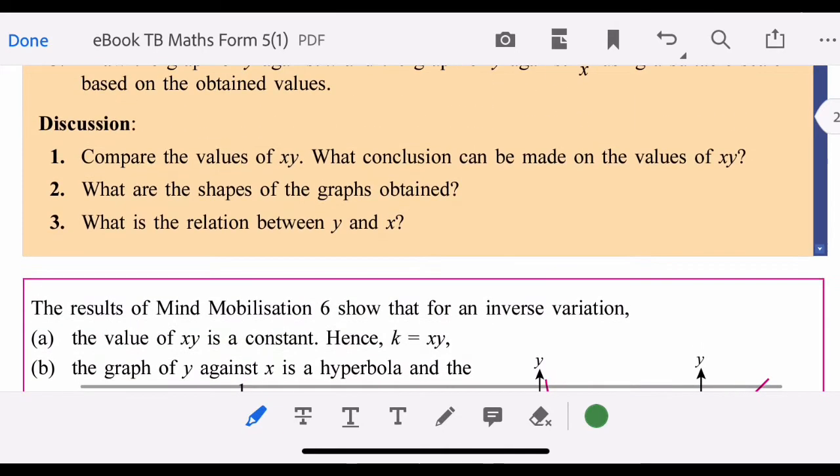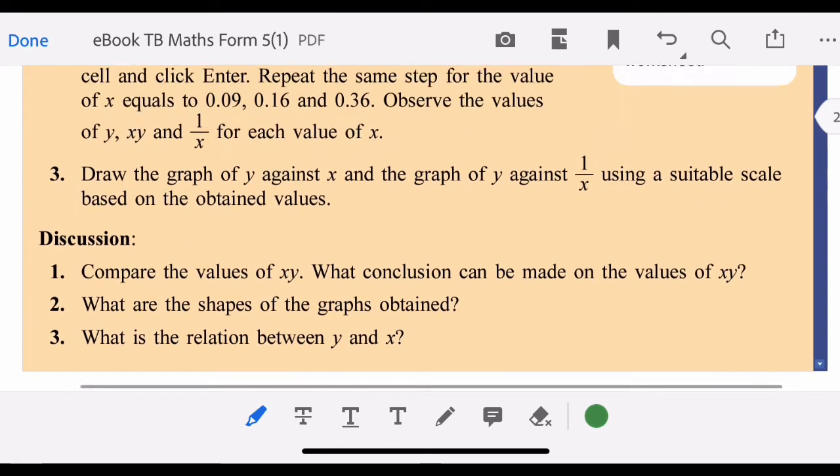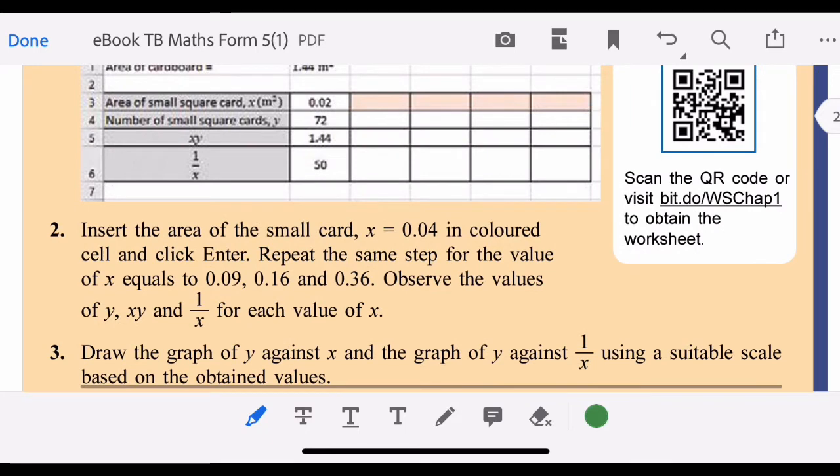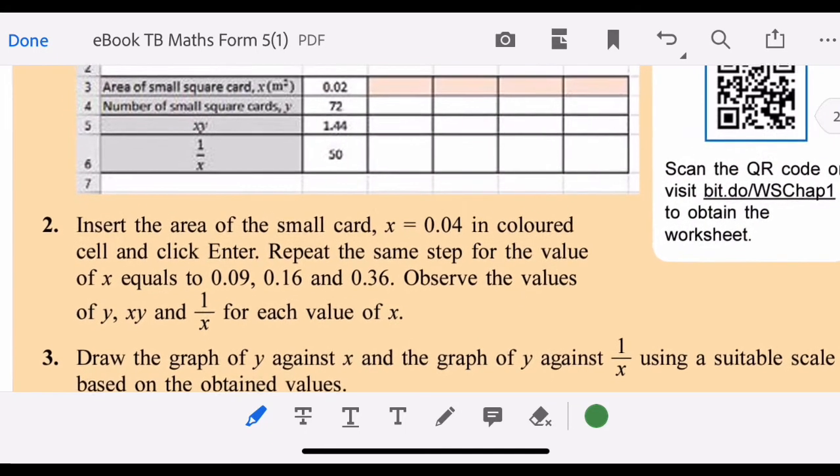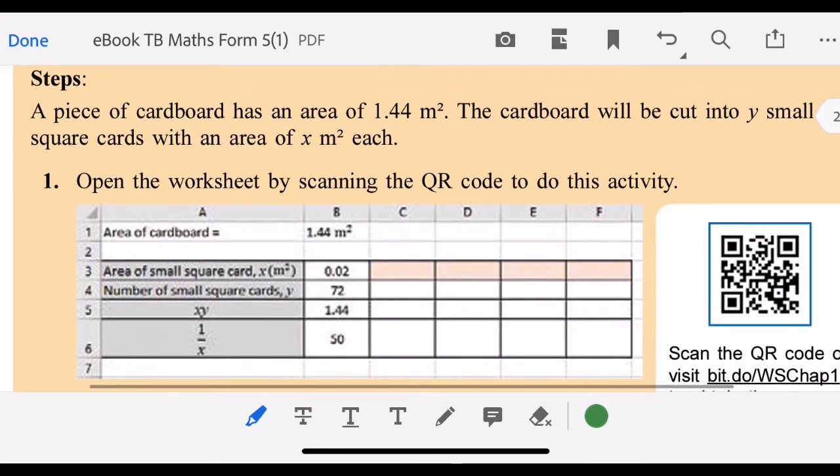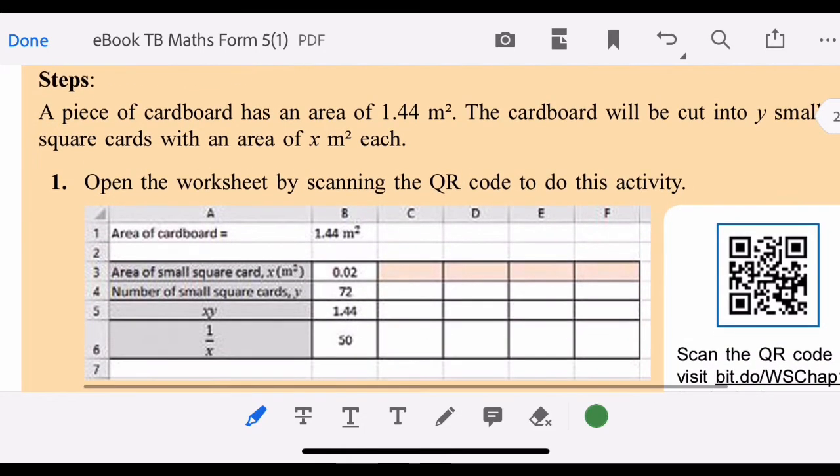If we do this example, okay, we try to compare the area. This is a very good example.